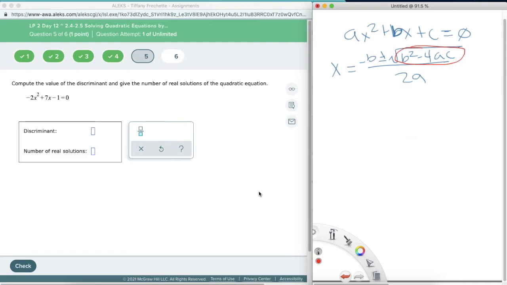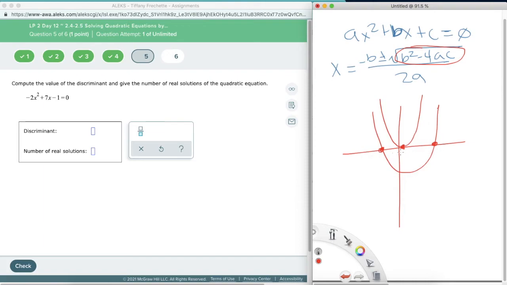And why we want to look at this one is it very quickly tells us whether or not our answer is going to be 2 real solutions, which if we're looking at a coordinate grid means it looks something like this, where I have it crossing the x-axis twice. If we have 1 real solution, it means that it was just touching right there on the x-axis.